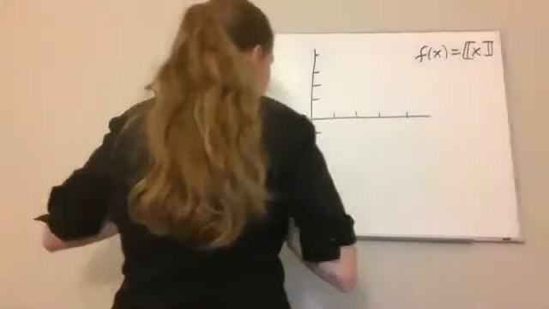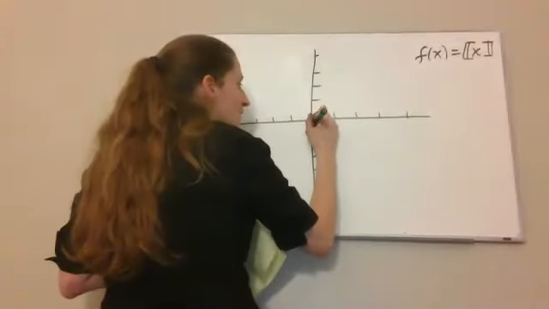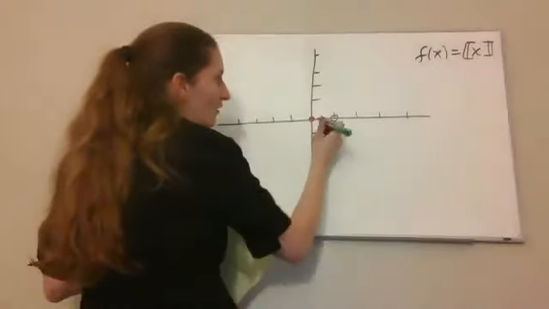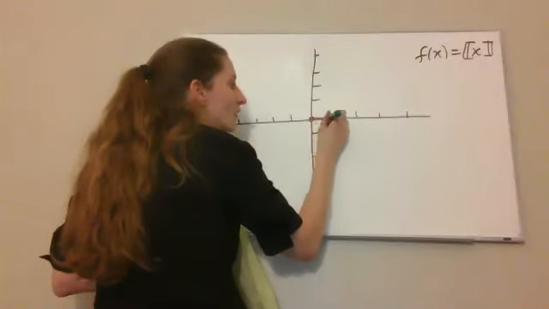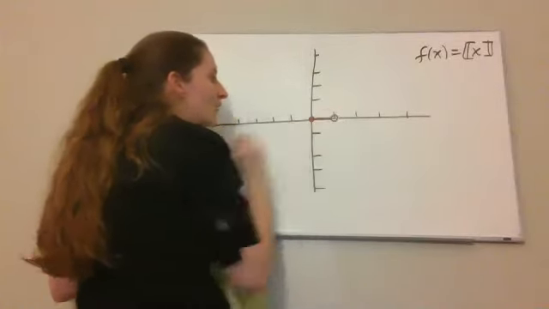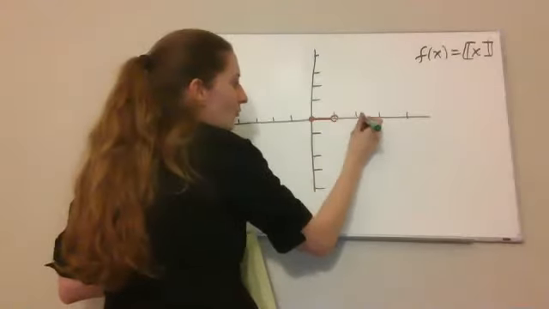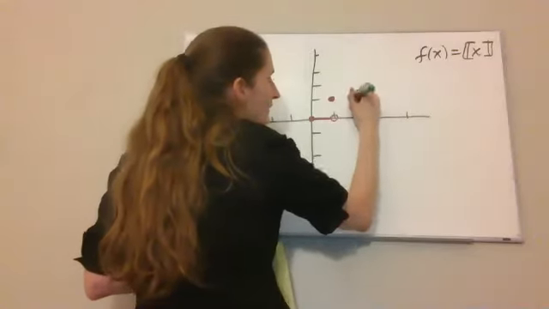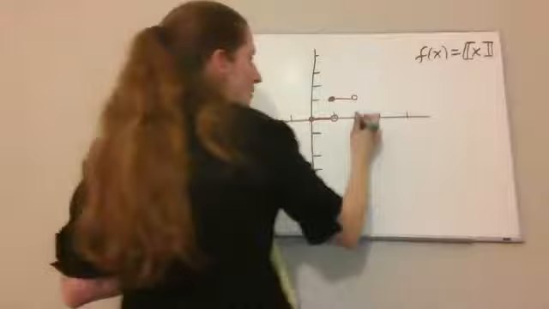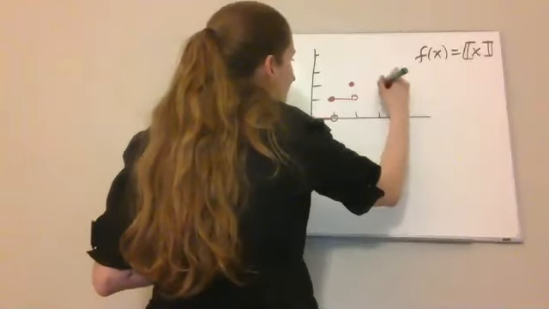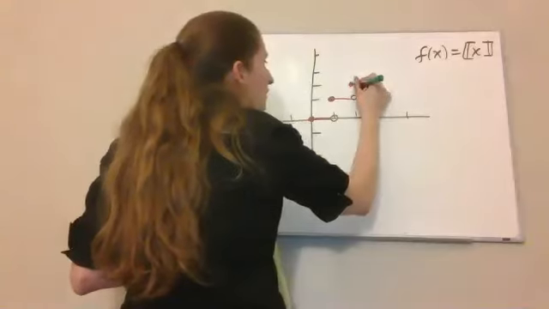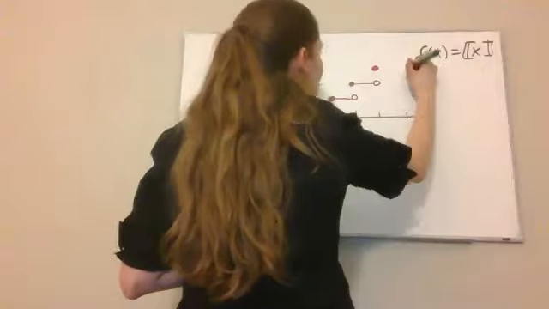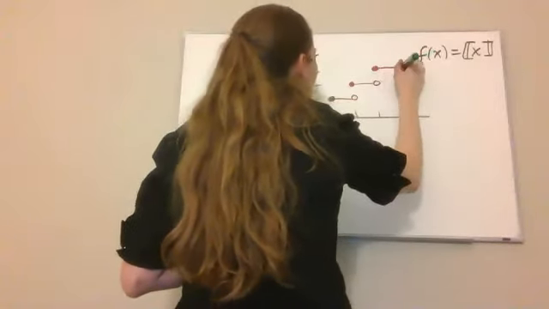So I have a closed dot here at 0, 0. 1 would be equal to 1 using this function, but all of these other numbers would have an output of 0. For the numbers between 1 and 2, we get a similar thing. They would all get rounded down to 1. Numbers between 2 and 3 get rounded down to 2. And between 3 and 4 get rounded down to 3.